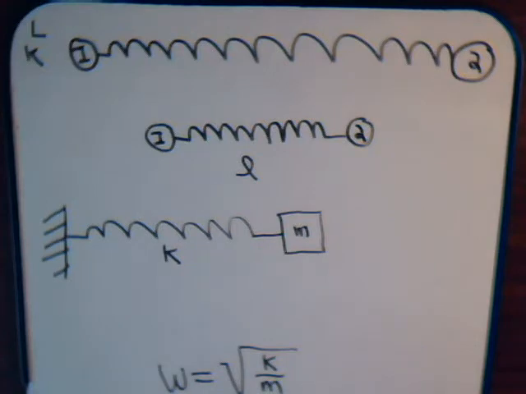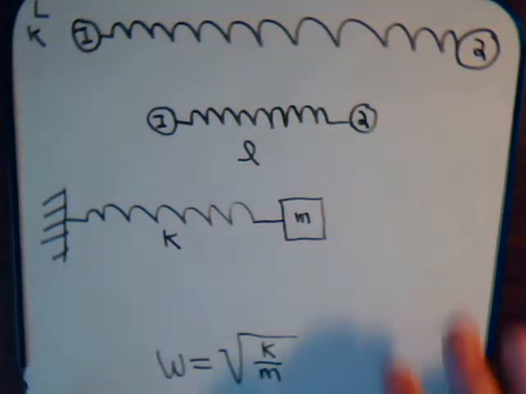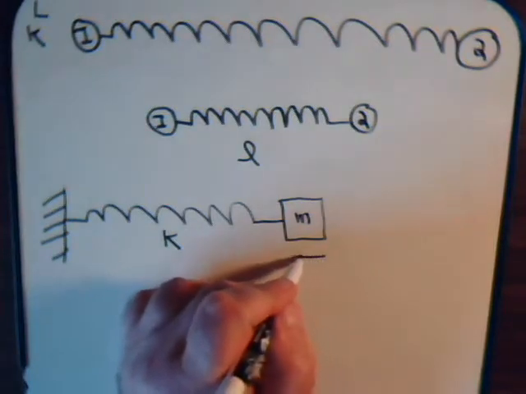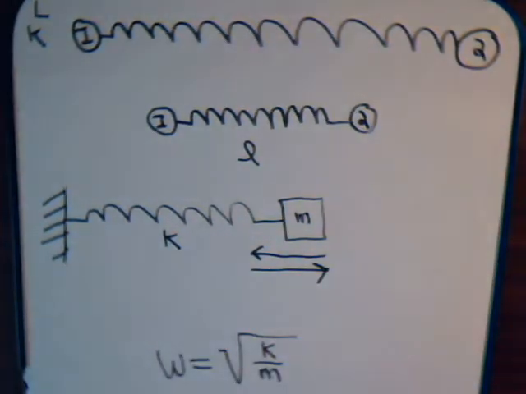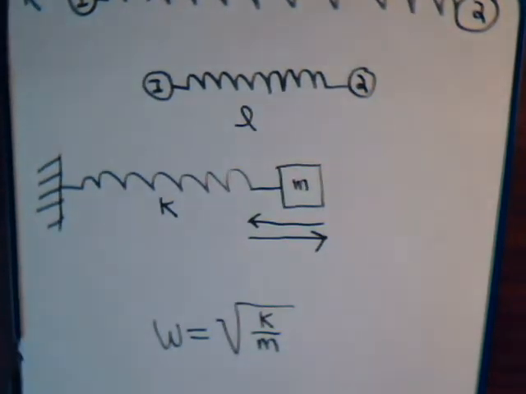Now, we know from video 7 that if we have a spring with a single mass attached to it, and it is oscillating back and forth like this, it oscillates with a natural frequency equal to the square root of the spring constant divided by the mass.